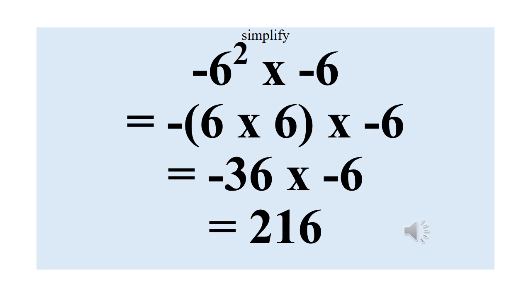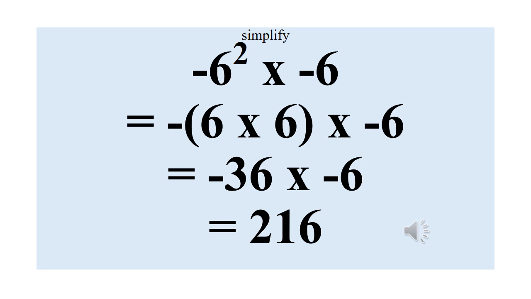Now question number 2, which says simplify minus 6 squared times minus 6. Since we have minus 6 squared and there is no bracket joining minus and 6 together so that they share the square, it means it's only that 6 that owns the square.